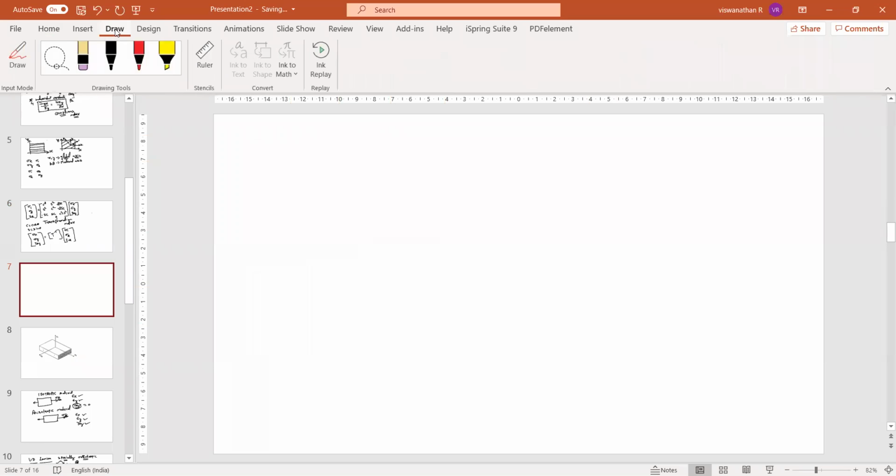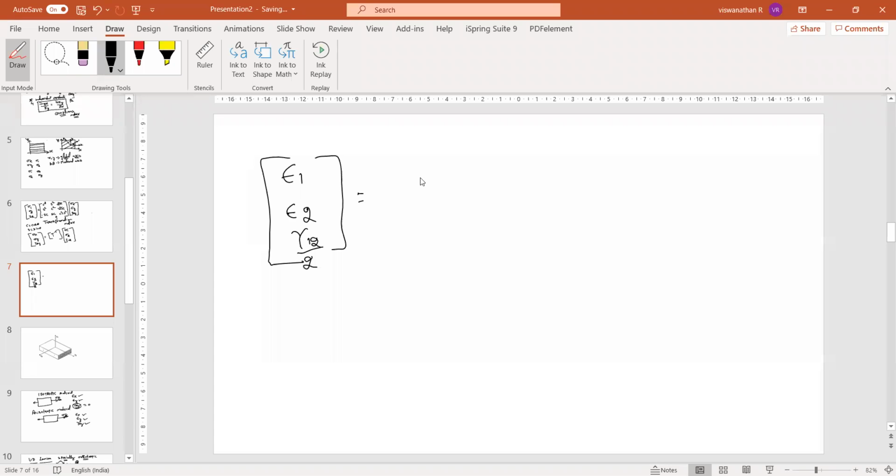So this will be epsilon 1, epsilon 2, gamma 12 by 2, equal to the transformation matrix multiplied by epsilon x, epsilon y, and here gamma xy by 2.